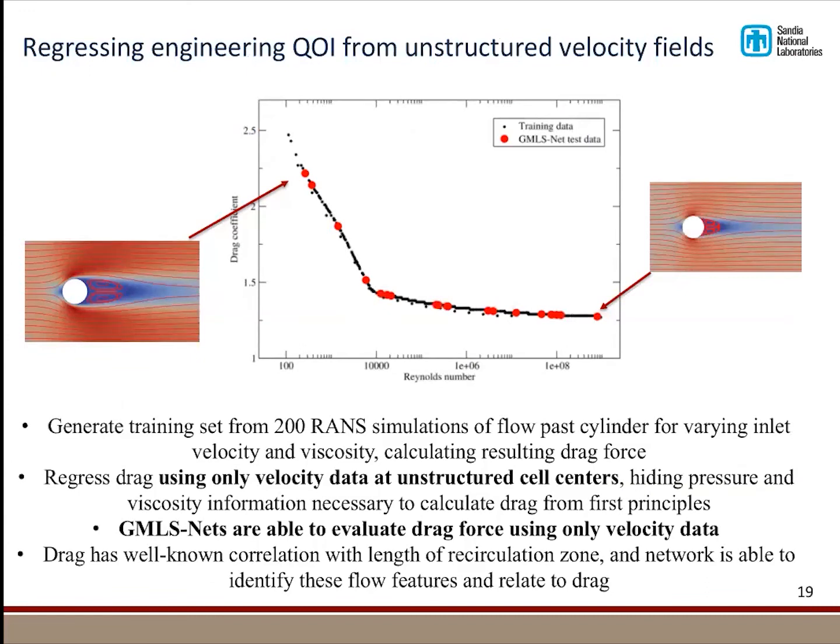For this one, you have the velocity field, a point at each cell center, and a point evaluation of the velocity there. For this one, the output is just a scalar, right? So you're trying to learn a mapping from images of velocity fields to a single real number, which is the drag coefficient. Is that clear?